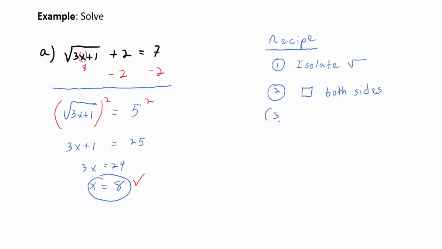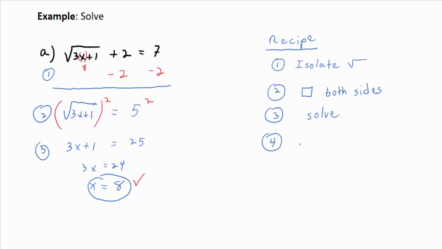And then what do we do? So this was step 1, step 2. And then step 3, we solve it. And then what did I do lastly? Kind of mentally, we checked it.